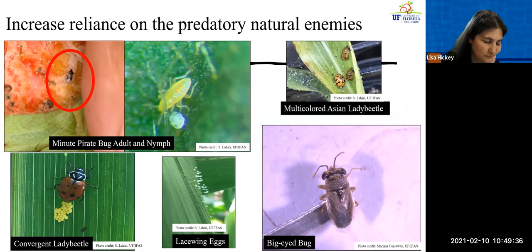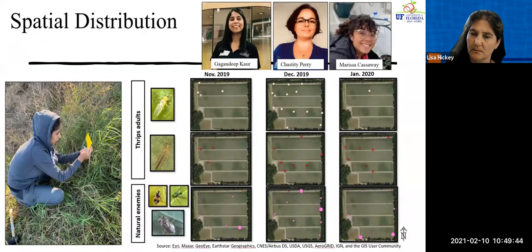So we have some very effective natural predators present around the strawberry fields here in Florida. To understand their population dynamics, my PhD student Gagandeep Kaur is conducting field trials, and she's being assisted by my other students, Chastity Perry and Marissa Cassové.